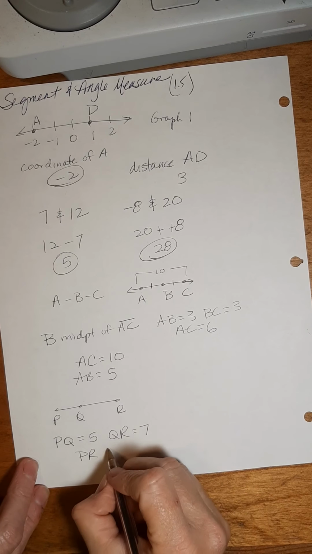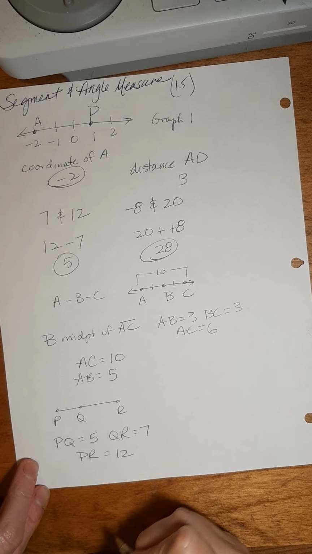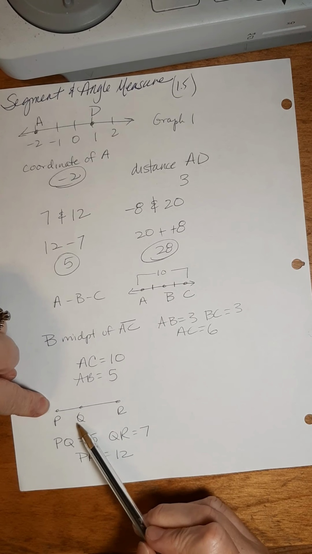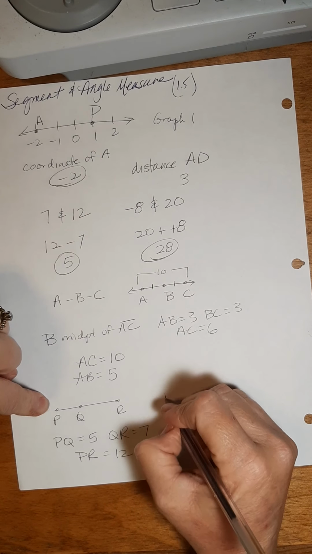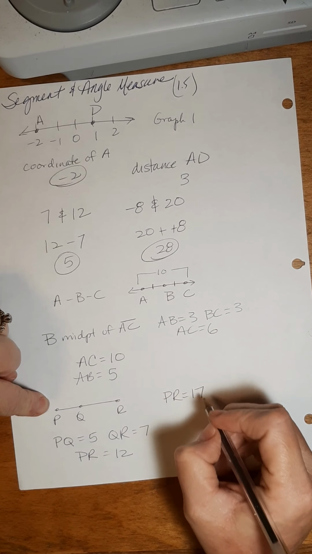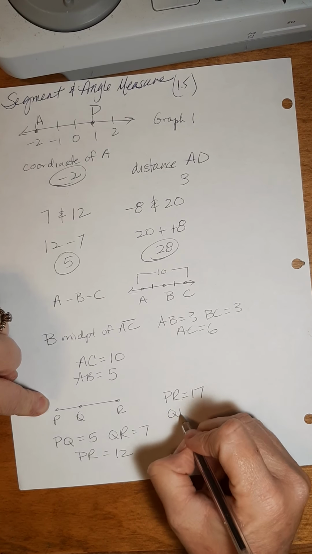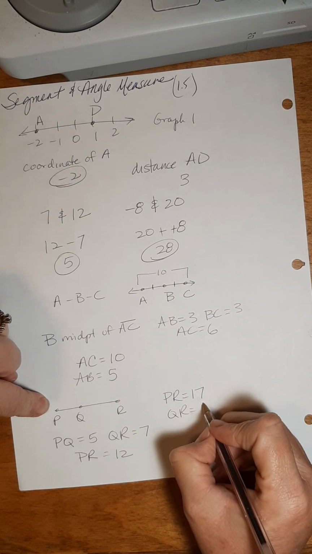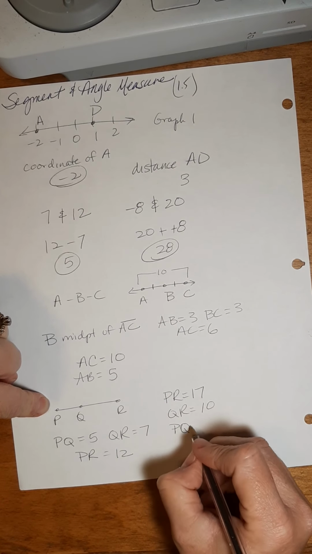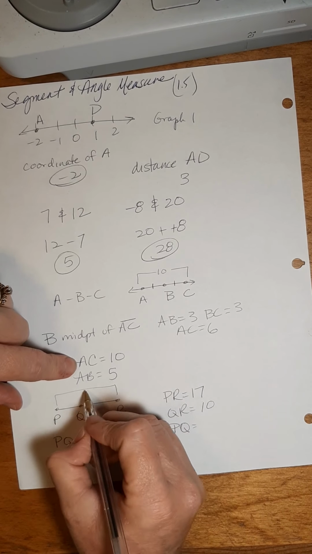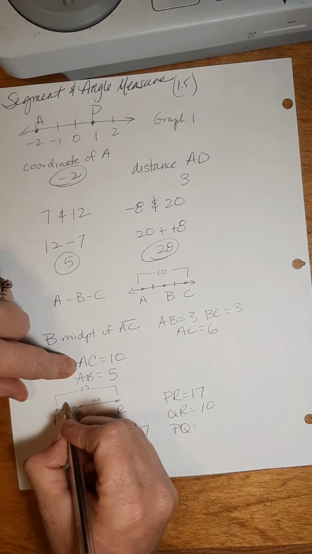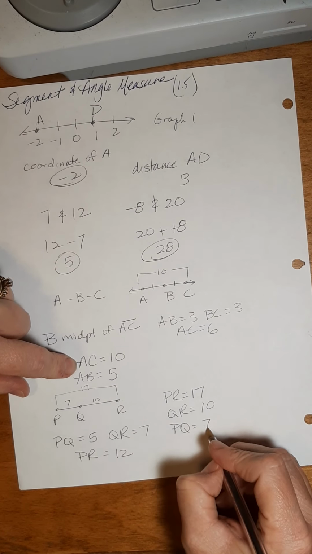So 5 plus 7, 12. Just like if they gave you the whole thing and part of it, then you could subtract. Like if PR is 17 and QR is 10, then that means PQ. So if the whole thing is 17, this part's 10, then you can subtract, and it's 7.